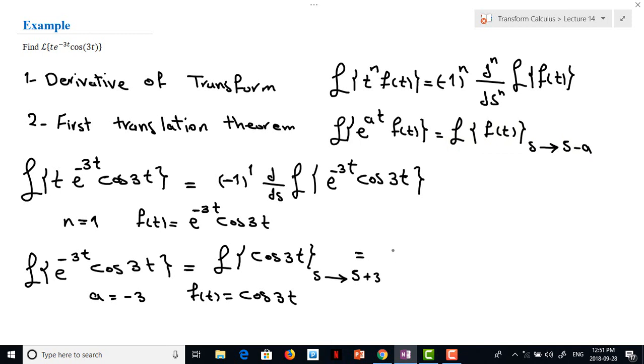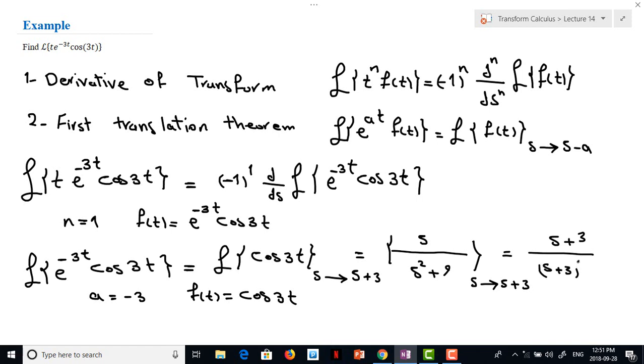The Laplace transform of cosine 3t is s over s squared plus 3 squared, 9, but we have to replace s by s plus 3. So it's equal to s plus 3 over (s plus 3) squared plus 9. So we could find the Laplace transform of e to the power of minus 3t cosine 3t.